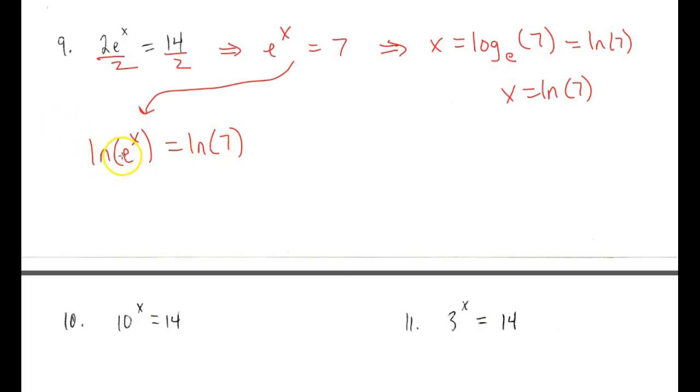So here, natural log of e raised to the x is just x, because again, natural log is same as log base e, and then you have e raised to the x. Of course, all that's just x. And then, of course, this ends up being natural log of 7. So no matter how you go, you still end up with the same answer there.